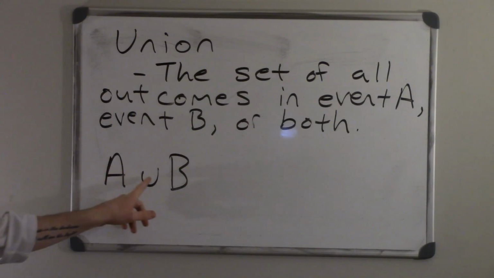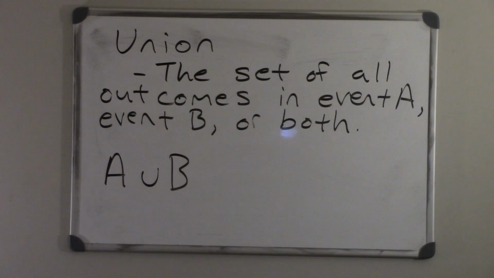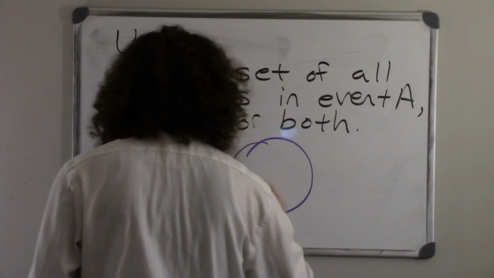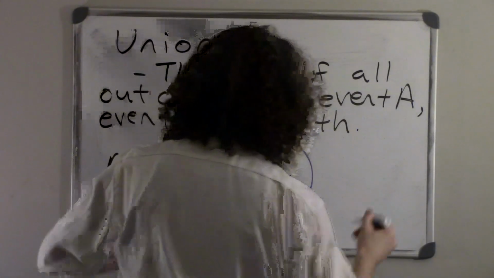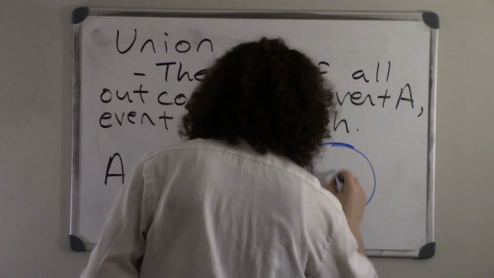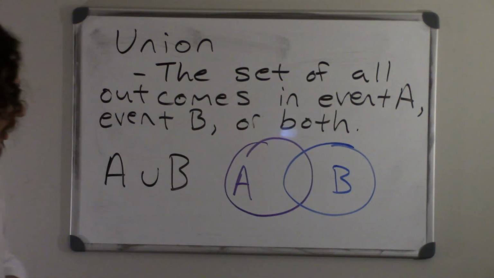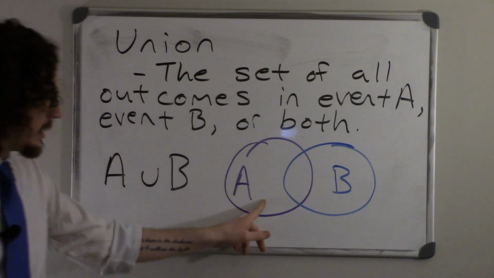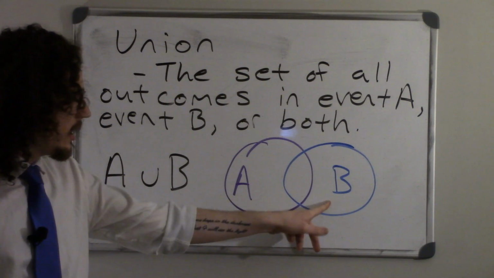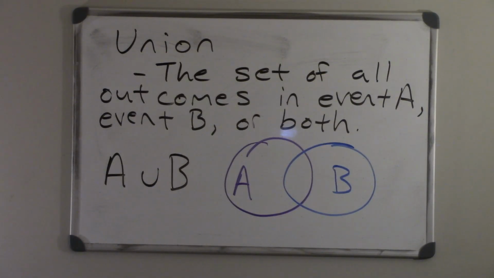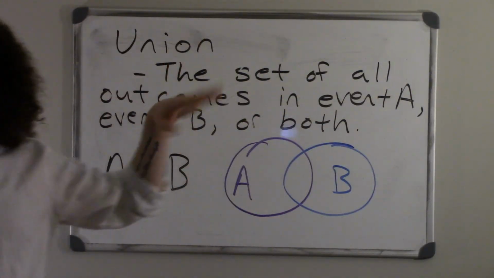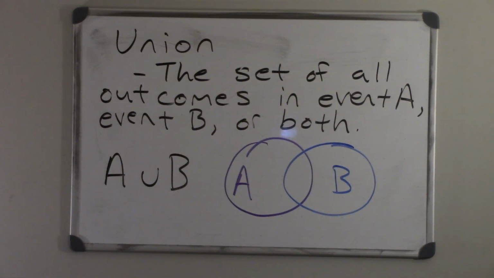The union is notated as A, then this little U, B. Just visually, so we know what's happening, let's say that this purple circle is event A, the blue circle is event B, and all around it is the rest of the sample space.